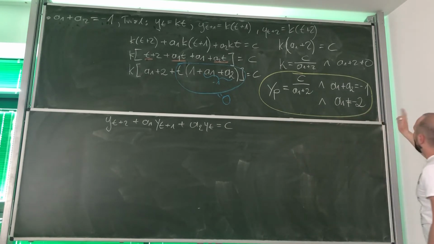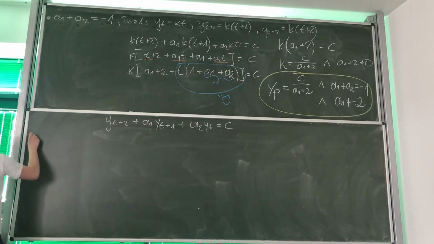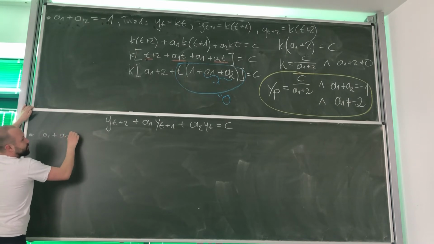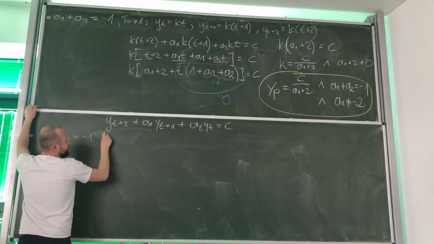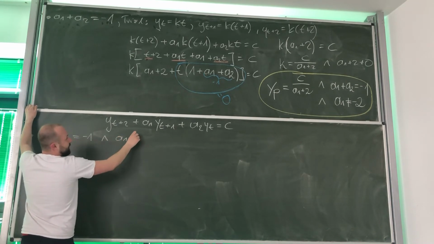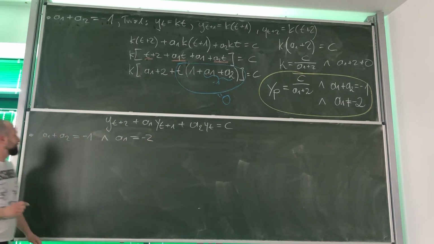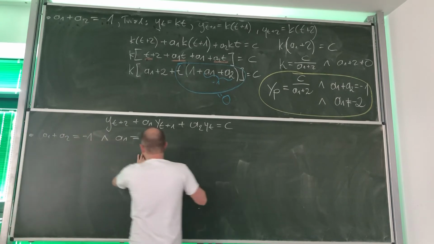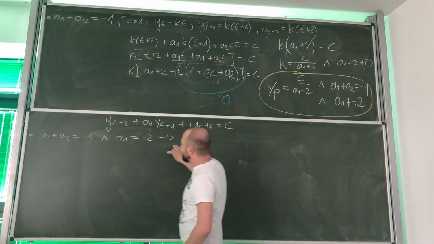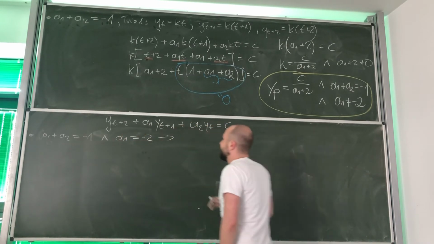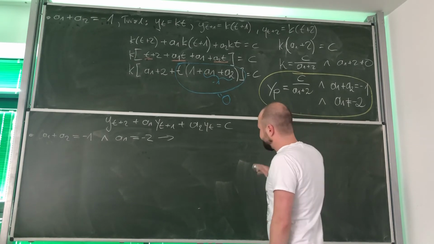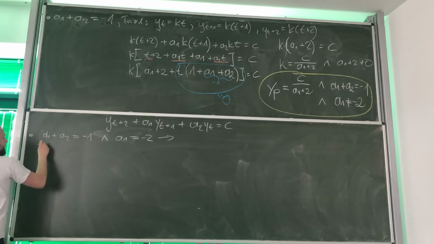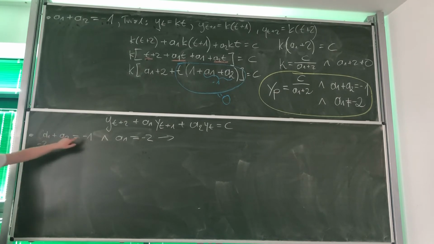And look, we now want to try a case where 2 things are true. First, a1 plus a2 is equal to -1, and a1 is equal to -2. But look, if a1 is equal to -2, then this directly implies that a2 is equal to 1, if I move this to the other hand side, right?